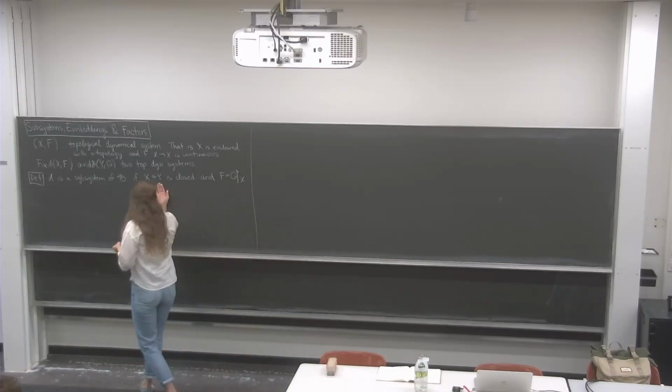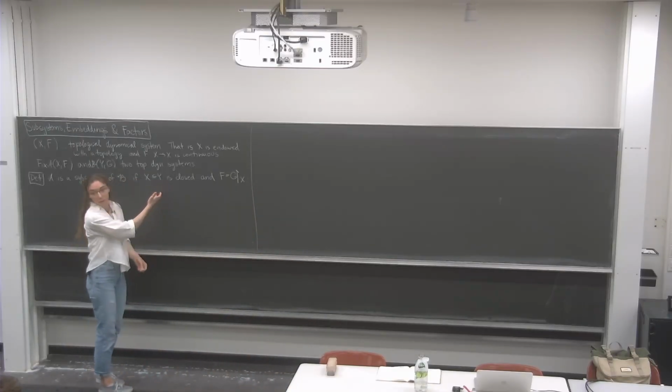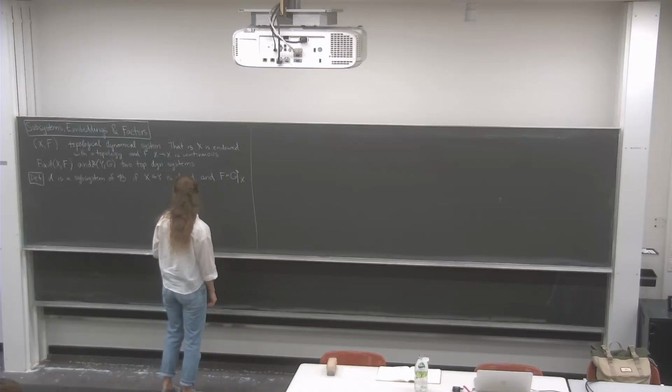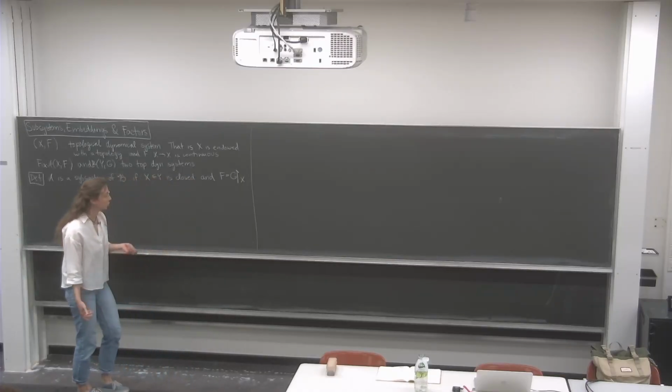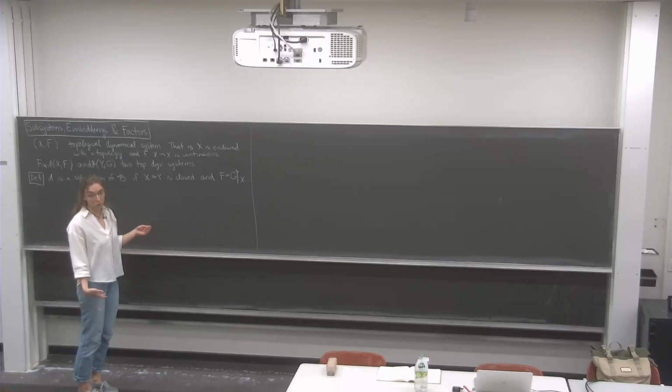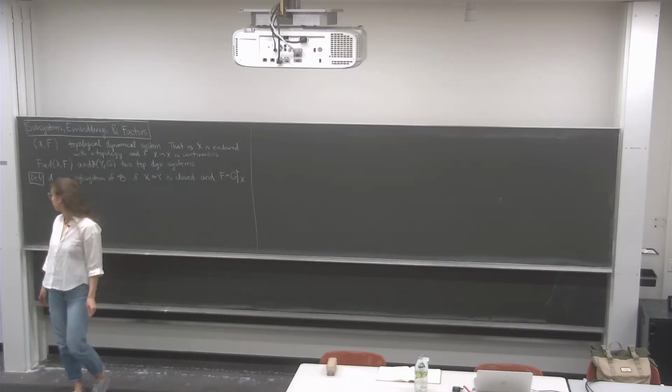Well, X is closed in the topology of Y because it's a subset. Y is closed because it's the whole space of Y. So the only interesting one is if X is closed.